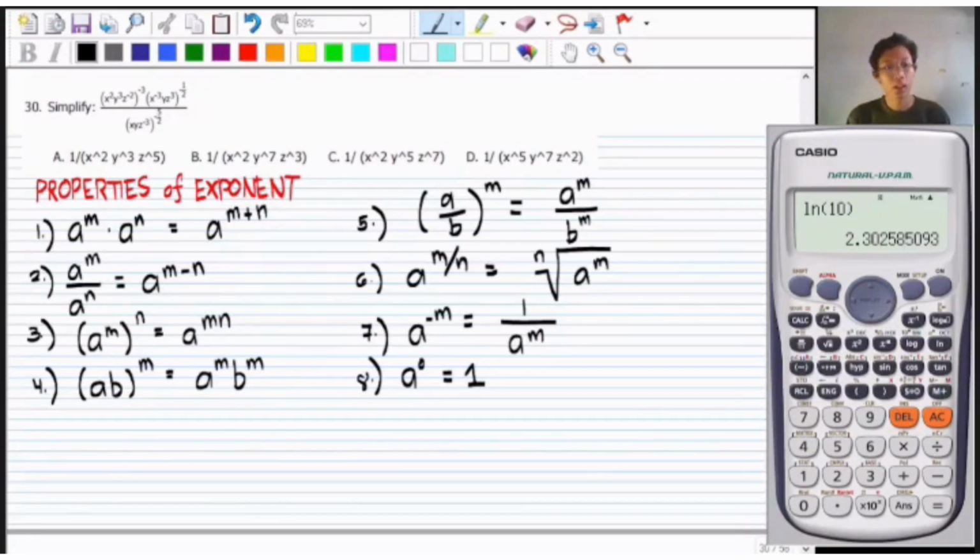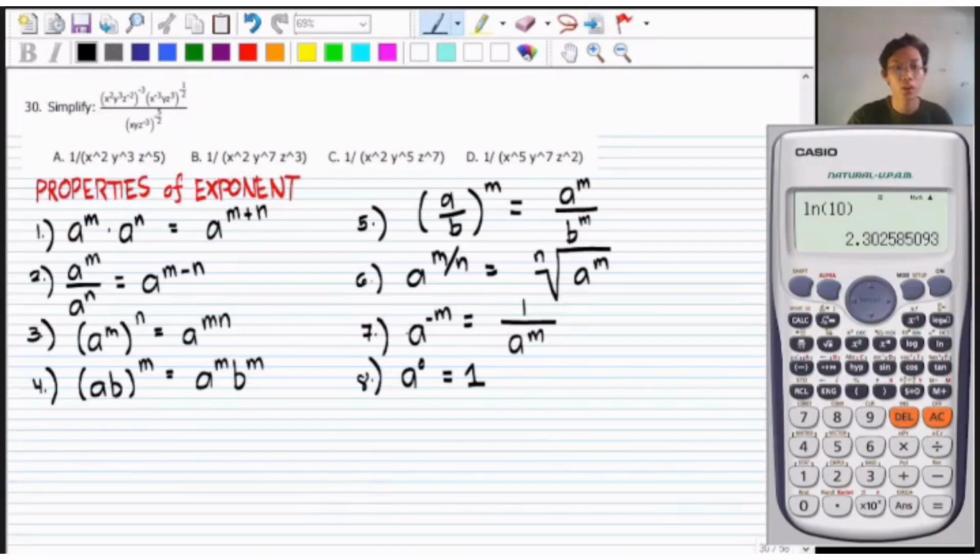Yan, mga properties ng ating exponent. Okay, so number 30, paano natin i-solve yan? Okay, so dalawang solution tayo dyan, pwede natin gawin. Una, simplify natin isa-isa. Simplify muna natin yung x squared y cubed z raised to negative 2 and raised to negative 3.